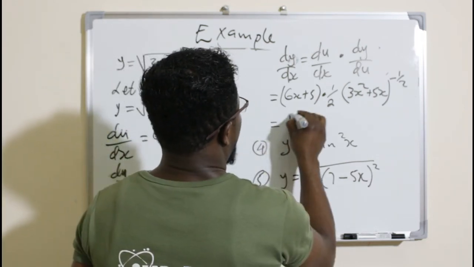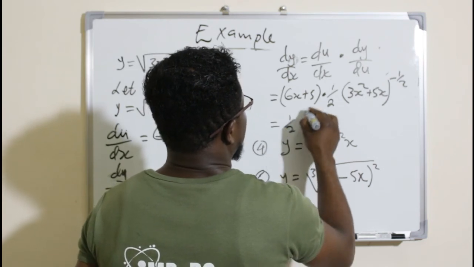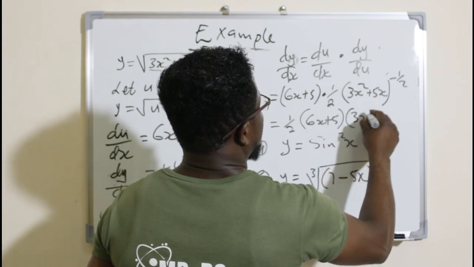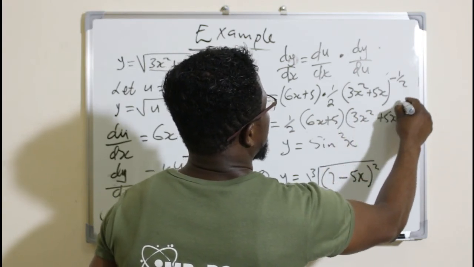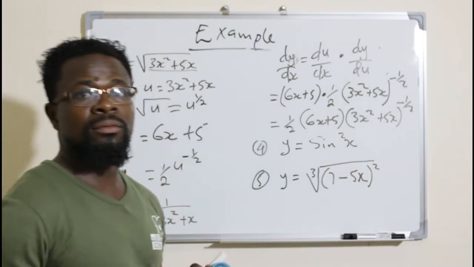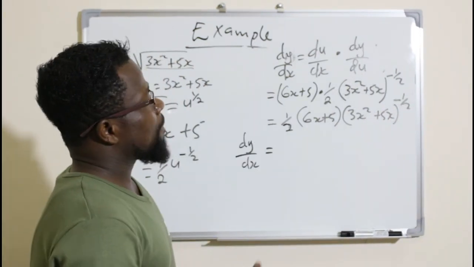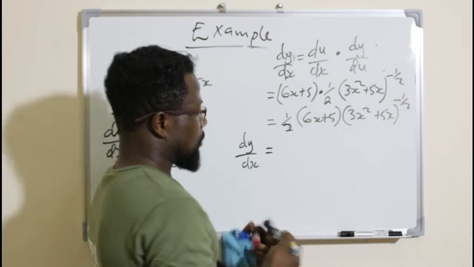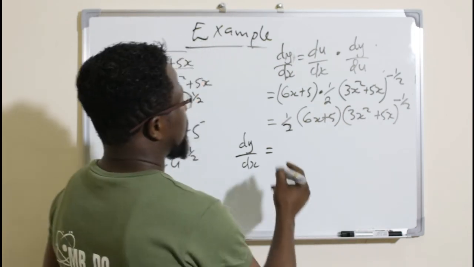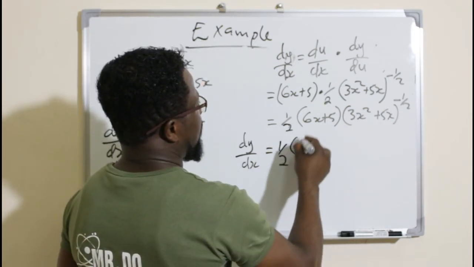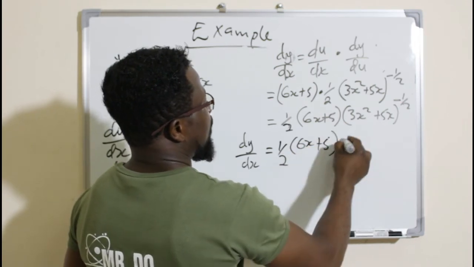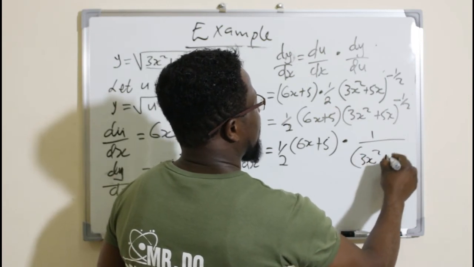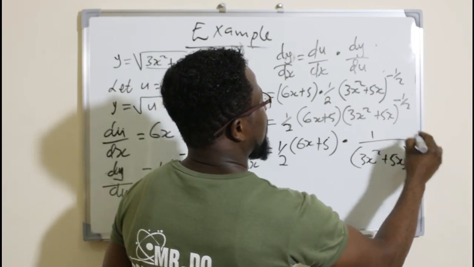By looking at this, we'll bring the half out so that we're going to multiply 6x plus 5 into 3x squared plus 5x exponent negative half. Now let's try and change the negative exponent into positive. So if you want to change that into positive, this will become 6x plus 5, and then we'll multiply it by 1 over 3x squared plus 5x exponent half.